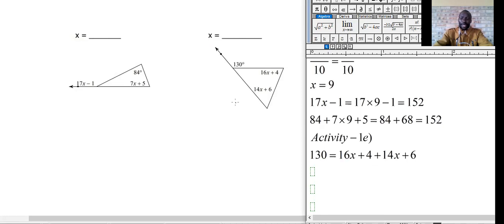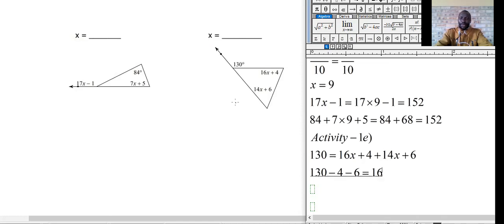So this way, in the next step, we collect like terms, meaning we are going to bring 4, which is positive on the left-hand side, and 6, which is also positive on the right-hand side. When we move them onto the left-hand side, they become negative.